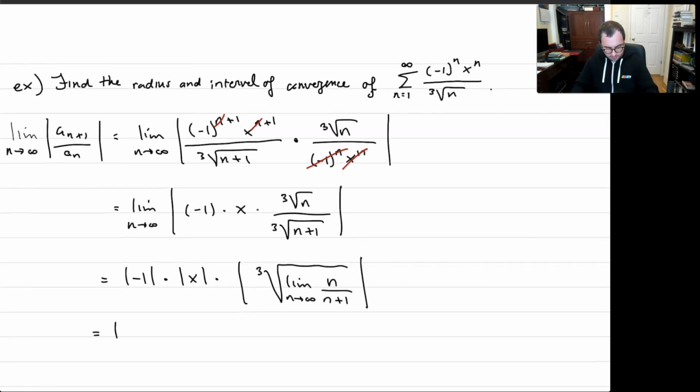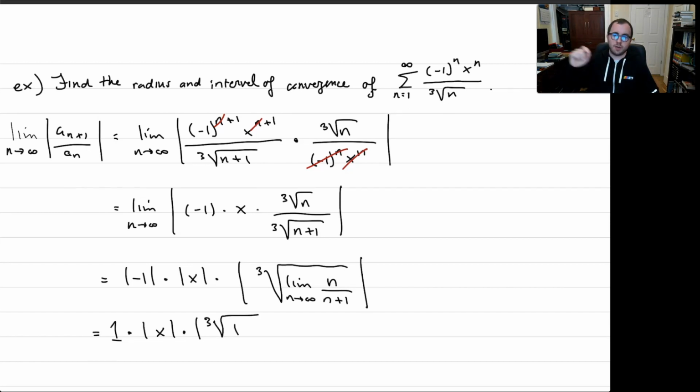This is equal to 1 times the absolute value of x times the absolute value of the cubed root of 1. There's one n on the top and one n on the bottom, which is equal to the absolute value of x. So once again, the limit of absolute ratios is equal to the absolute value of x.